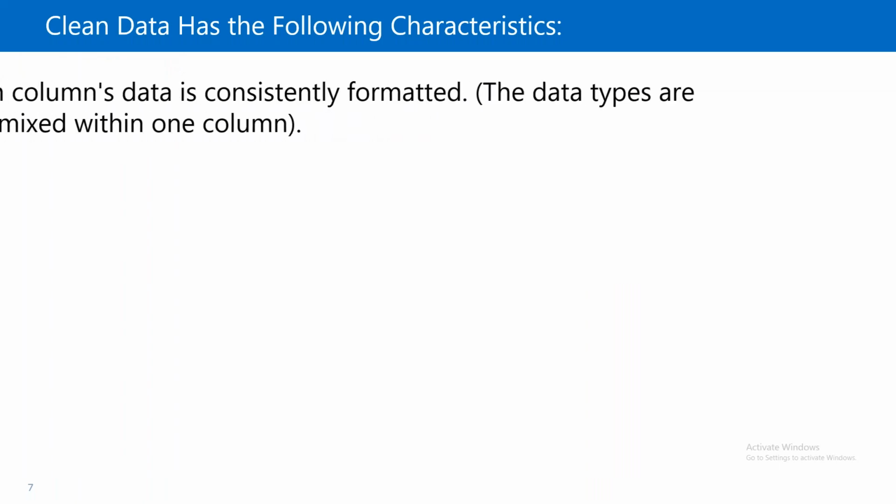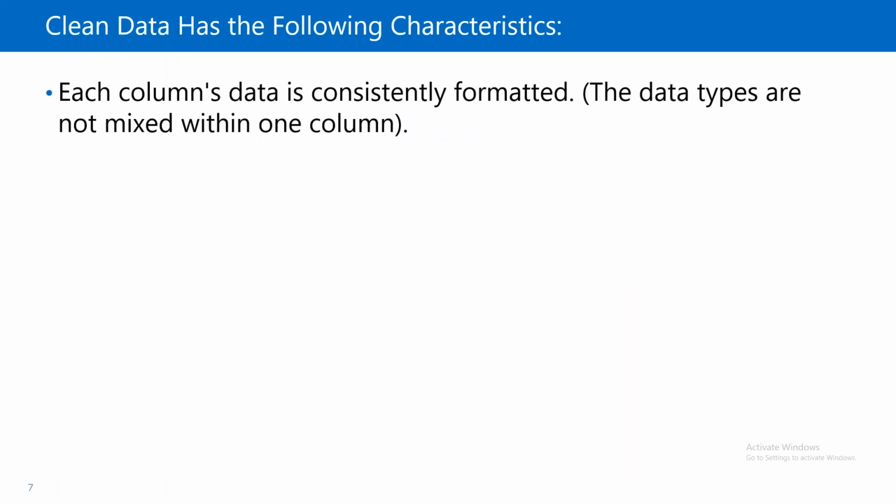So here are some concepts. I know it sounds kind of basic, but we have to concentrate, like I said earlier, on that foundation. We have to make sure that each column of data is consistently formatted. Sometimes when we import or append data, we can get different data types within the same column.